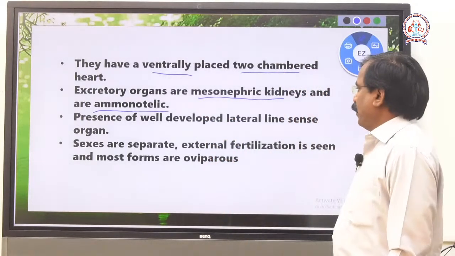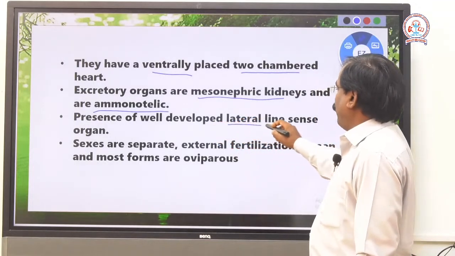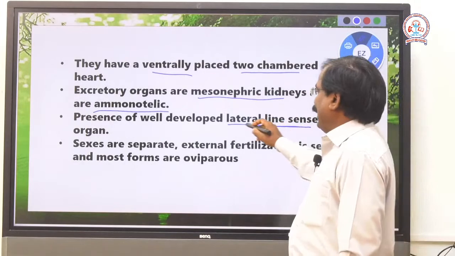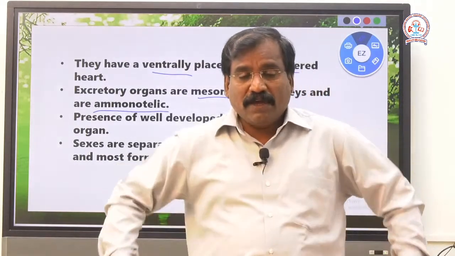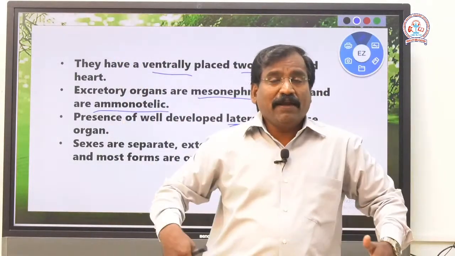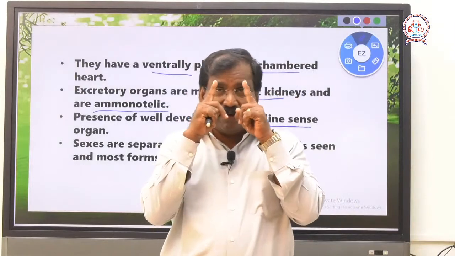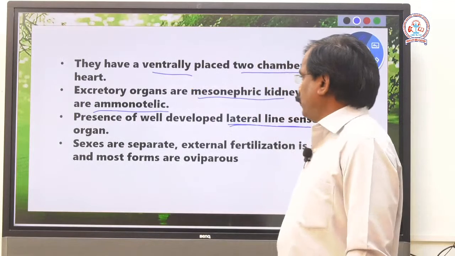Then lateral line sense organs are well developed. These sense organs are concentrated on the lateral sides of the body. We don't have lateral ones, everything is in the front for us, but here those are lateral line sense organs.